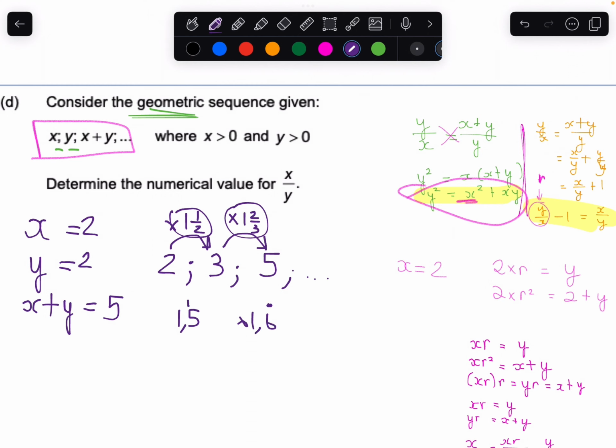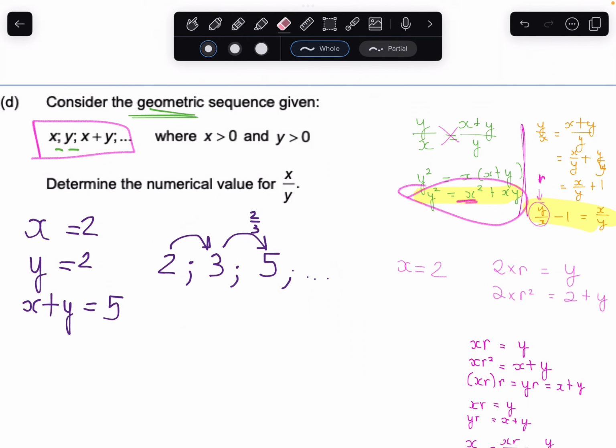So if this can go up a little bit and this one go down a little bit, maybe they'll meet somewhere. Okay, so let's see. Let's increase it to 3.2.